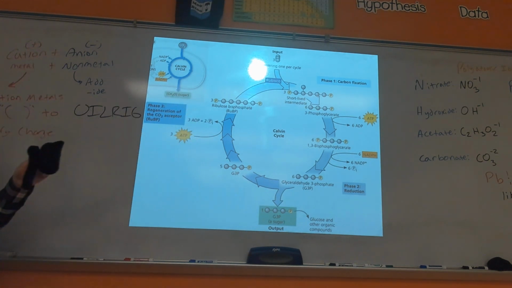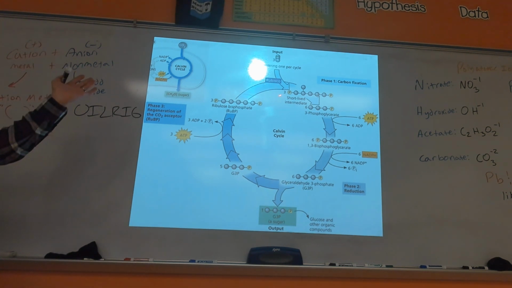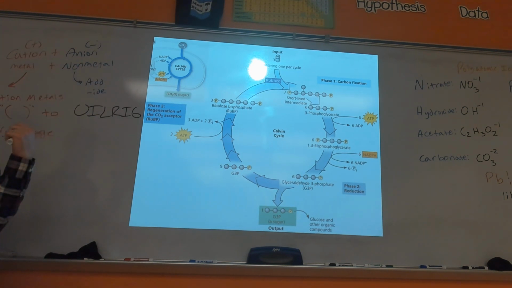So here's the Calvin cycle. Now, fortunately for you, I got an undergrad in biology, and at no point in my academic career did anybody make me memorize this cycle. And that's good, because when I showed you the reaction to cellular respiration, I said if you do biochemistry, you're going to have to memorize those at some point.